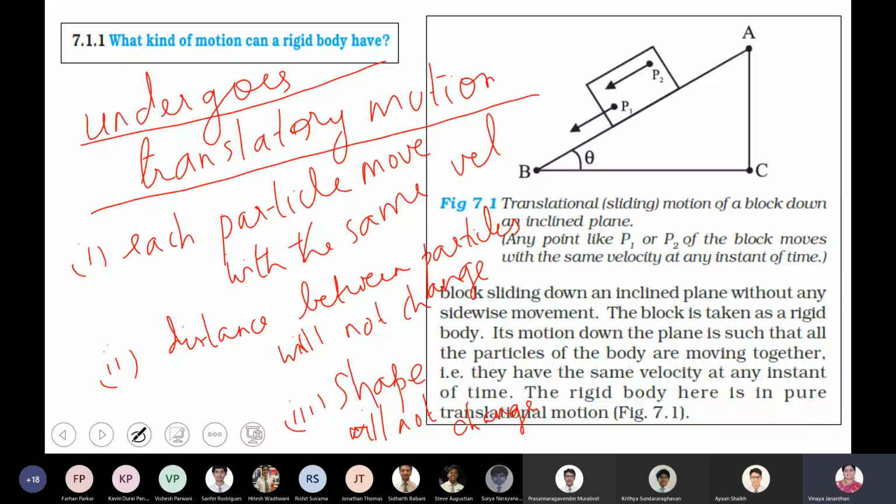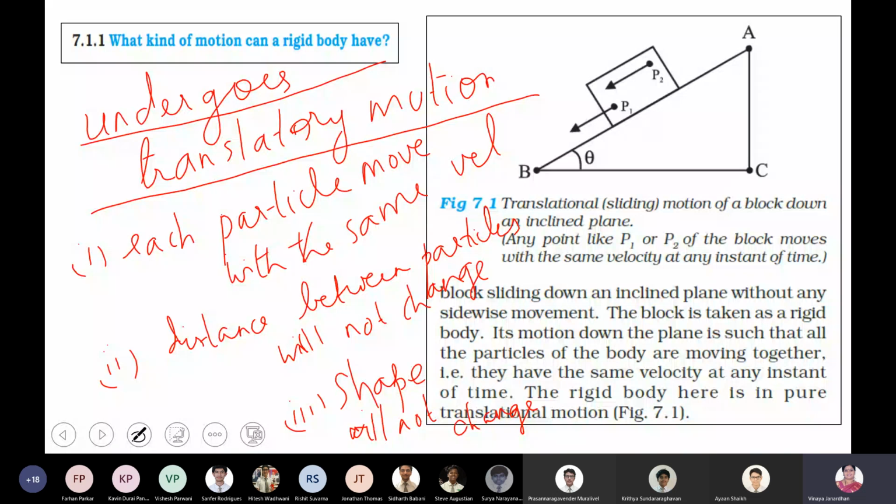Now we'll see a rigid body can undergo a rotational motion. Suppose instead of this wooden block, I'm placing a spherical object, a sphere. Now what happens when I place a sphere on an inclined plane? What are the two types of motion I can observe?